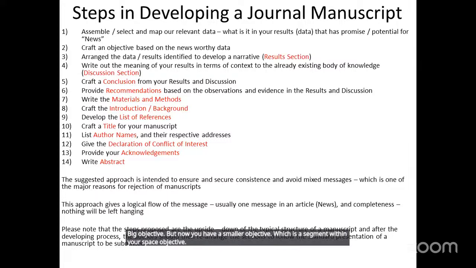So that's why you see for journals, we have an objective for a paper. And that objective is normally a short segment of your overall objective or your specific objective.